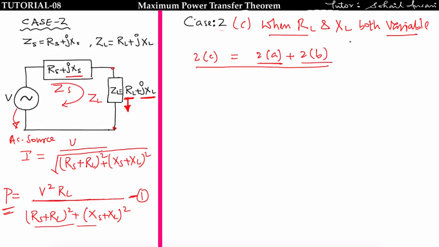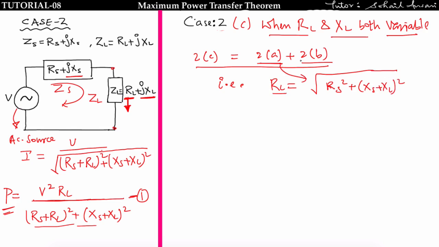In case 2C, when both RL and XL are variable, what will I get? RL is equal to under root RS square plus (XS plus XL) whole square. This you are getting in case 2A. In case 2B, you are getting XL plus XS is equal to 0. So these two conditions must be satisfied.